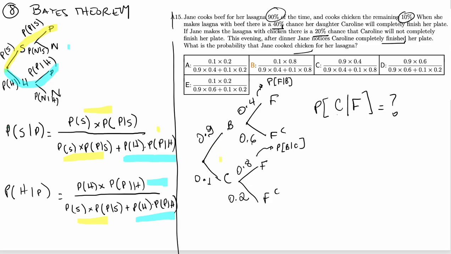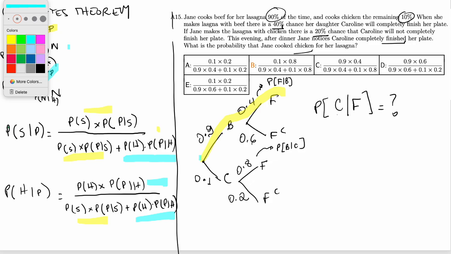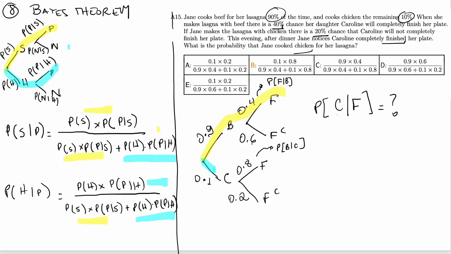Caroline can finish the plate by 2 different paths. It could have been beef and she finished the plate, right? And it could have been chicken and she finished the plate. Okay?